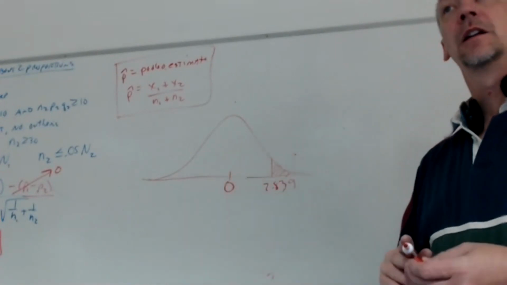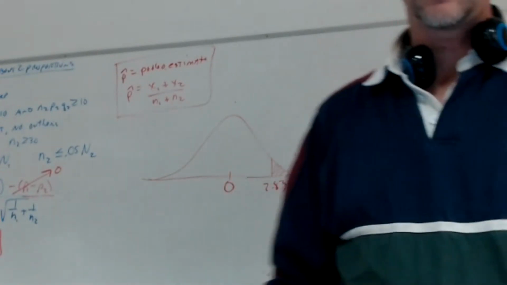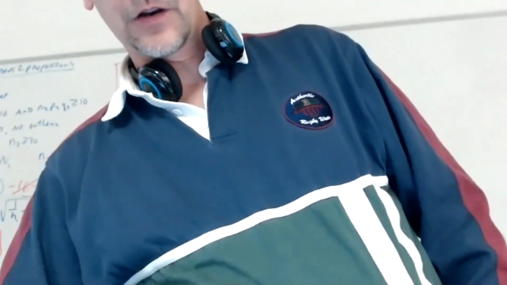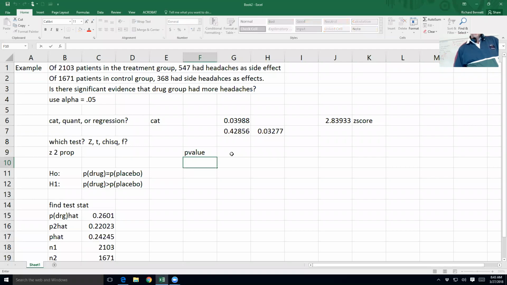So 1 minus. My p-value is going to be 1 minus NORM.S.DIST of that number there, which gives me 0.002.